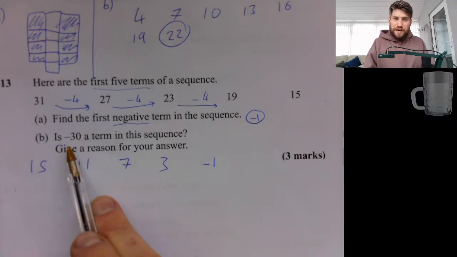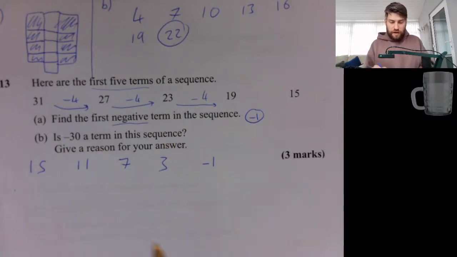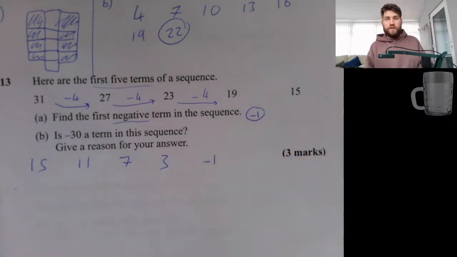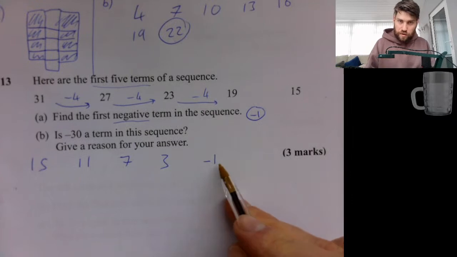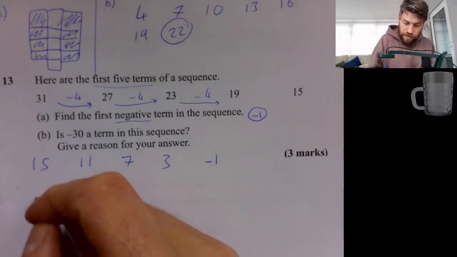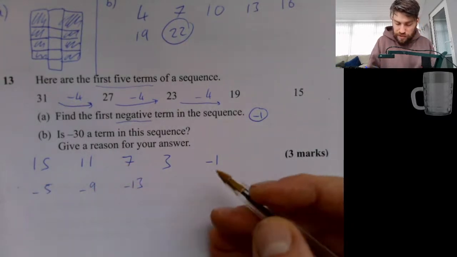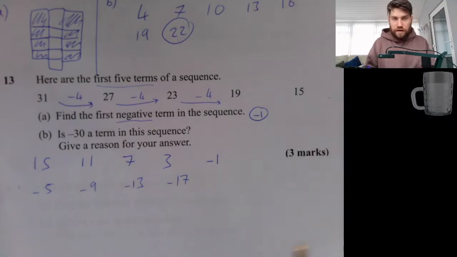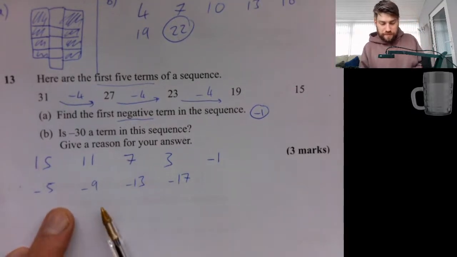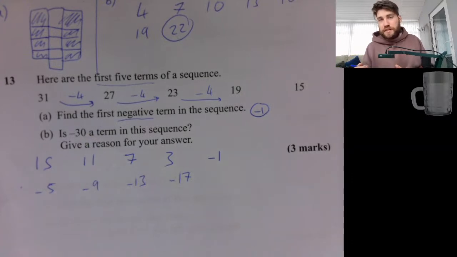Right. Is -30 a term in this sequence? You might have seen the pattern already, but we can keep going and hopefully you'll see it a bit more clearly. Okay, so after -1, it goes -5, then -9, -13, -17. You can see already -30 would be in the 10 times table.